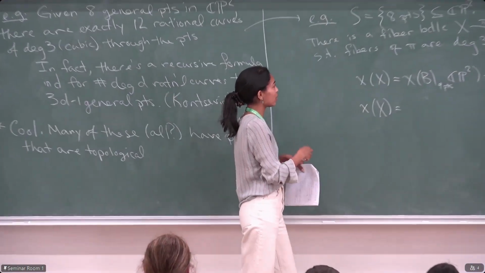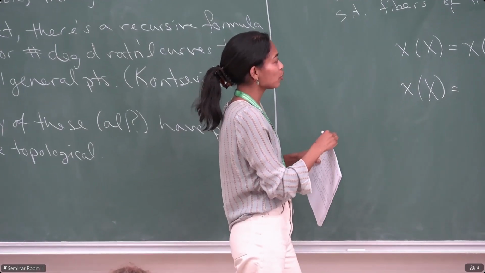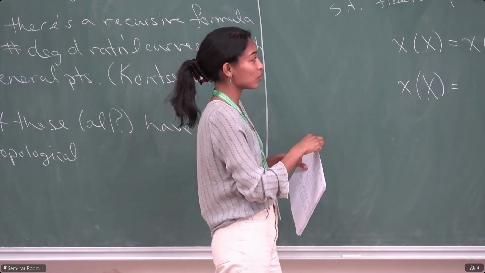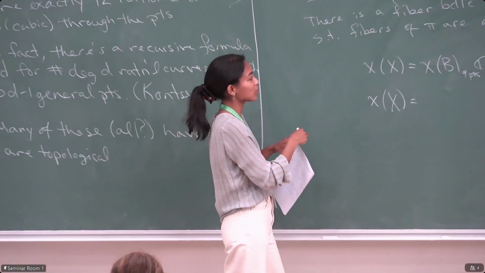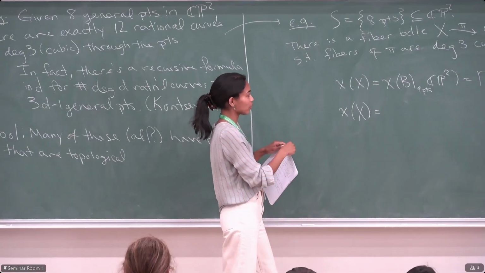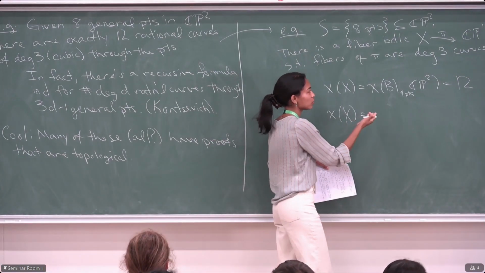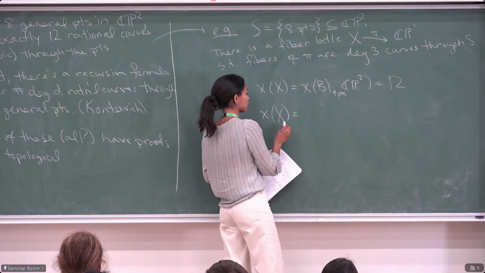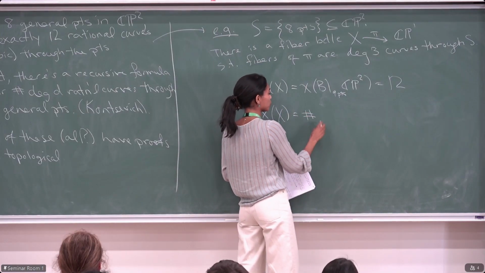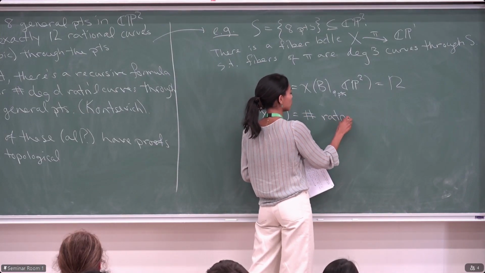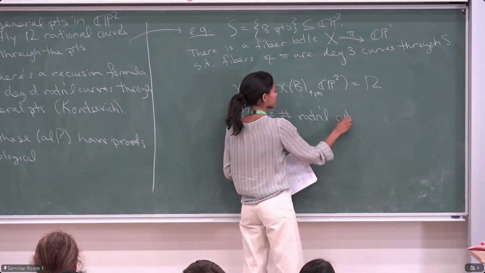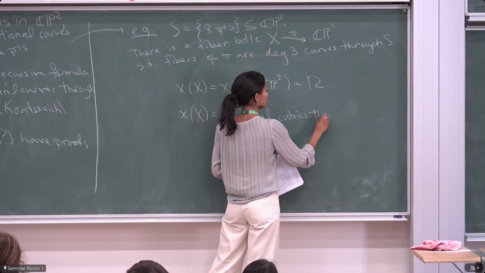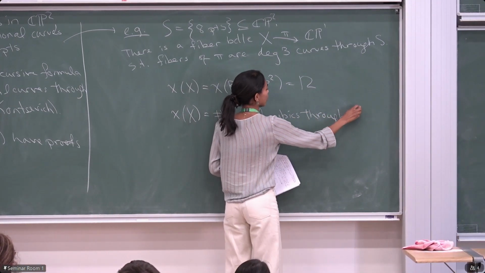On the other hand, you can use the Hurwitz formula and say this is a fiber bundle, so its Euler characteristic should be the Euler characteristic of the base times the Euler characteristic of a fiber. And it turns out that only the rational fibers contribute to the Euler characteristic. So this is also equal to the number of rational cubics through S.